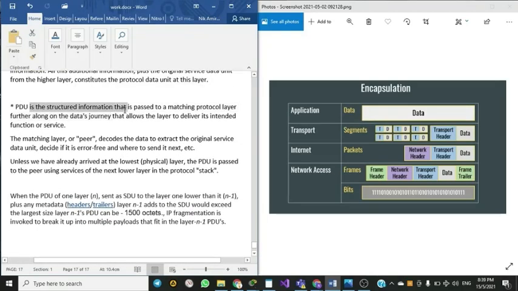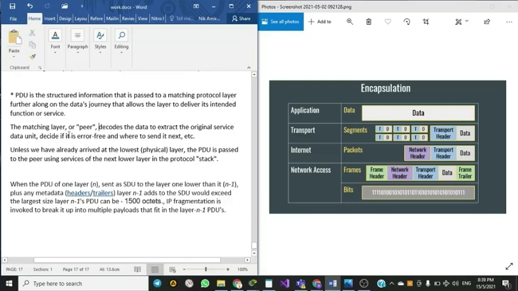The PDU is the structured information that is passed to a matching protocol layer further along the data journey, which allows the layer to deliver its intended functional service.